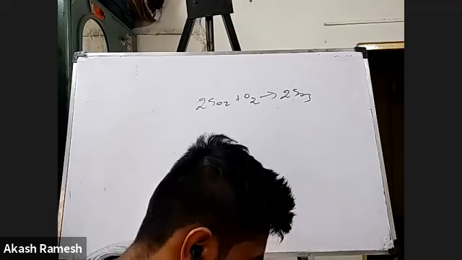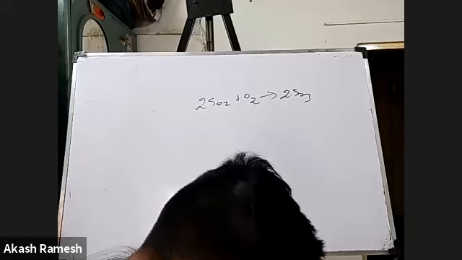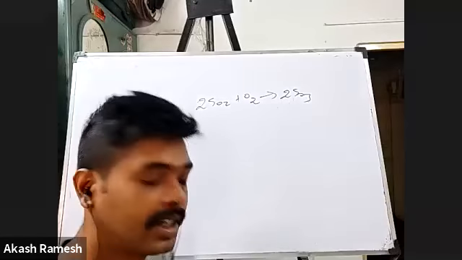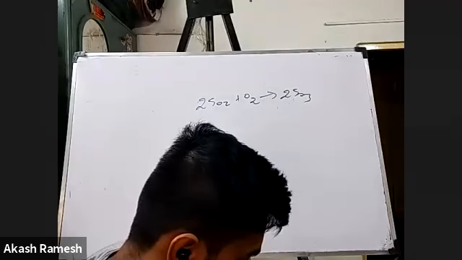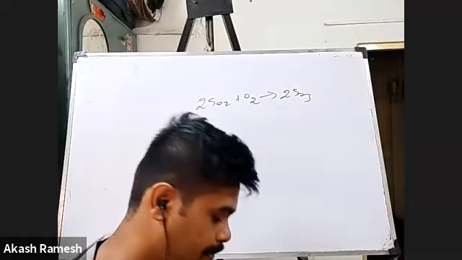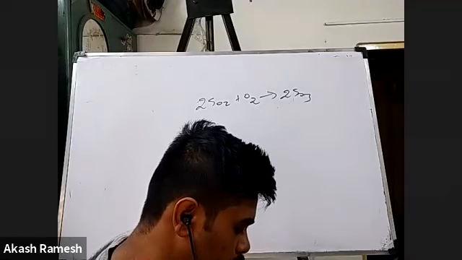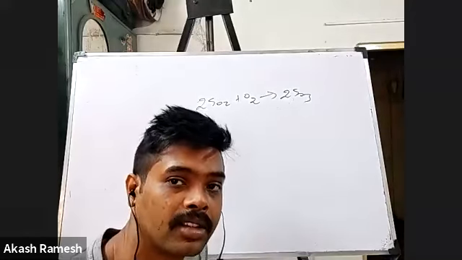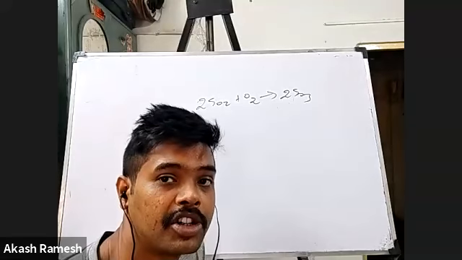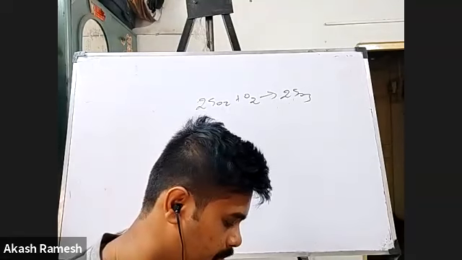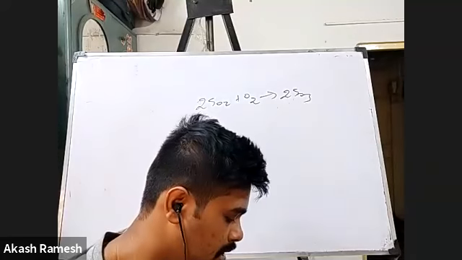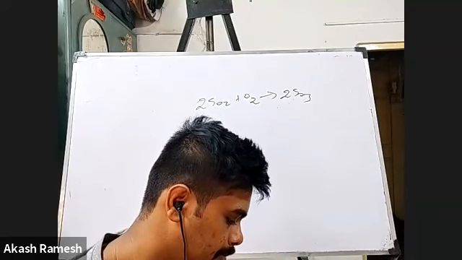In the reaction, rate of formation of SO3 is 100 kg per minute.